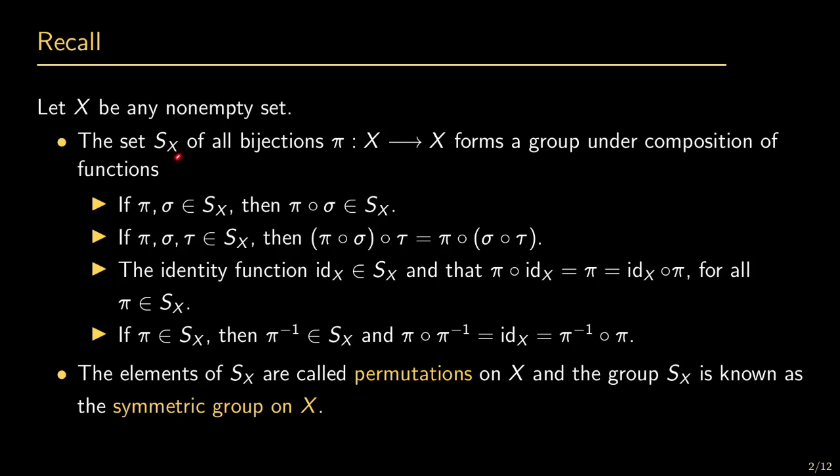These bijections, which are elements of S sub X, will be called permutations on the set X. Normally, in this lesson or in future lessons, we will be more focused on the case when X is finite, although we will also consider the case when X is infinite. By the way, this group S sub X under function composition is called the symmetric group on X.